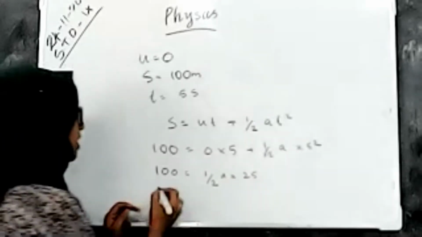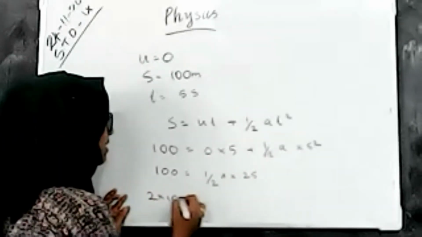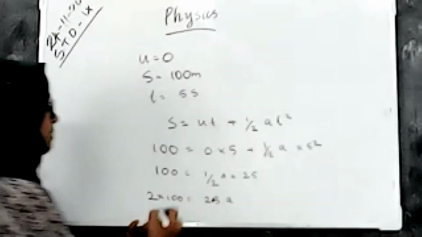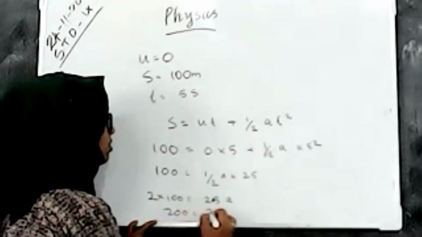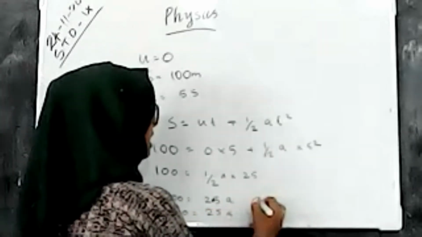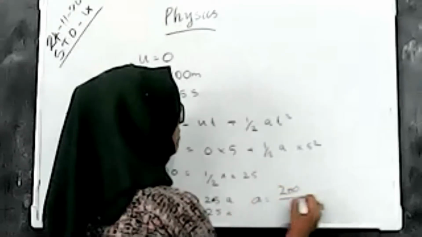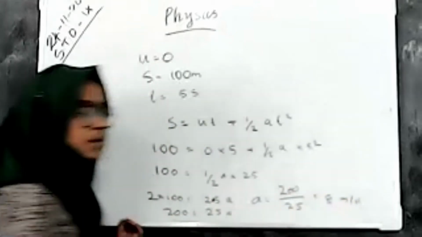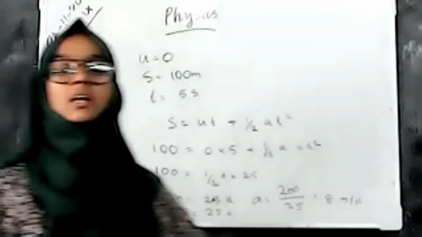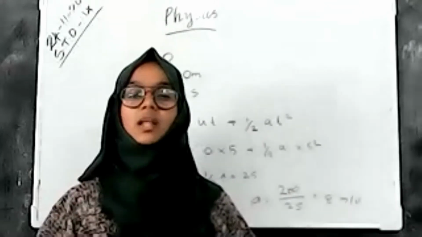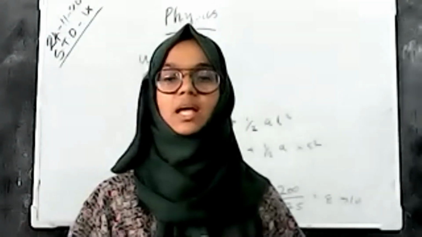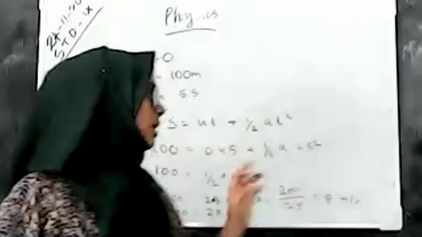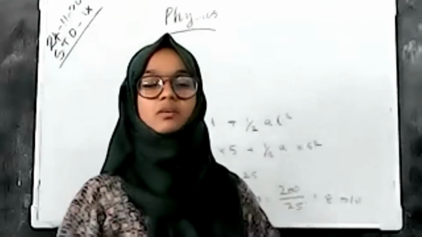Rearranging this, 2 into 100 is equal to 25a. From this, 200 is equal to 25a, and a is equal to 200 divided by 25, which is equal to 8 meter per second square. So the acceleration of the body in 5 seconds with a starting velocity of 0 is 8 meter per second square.